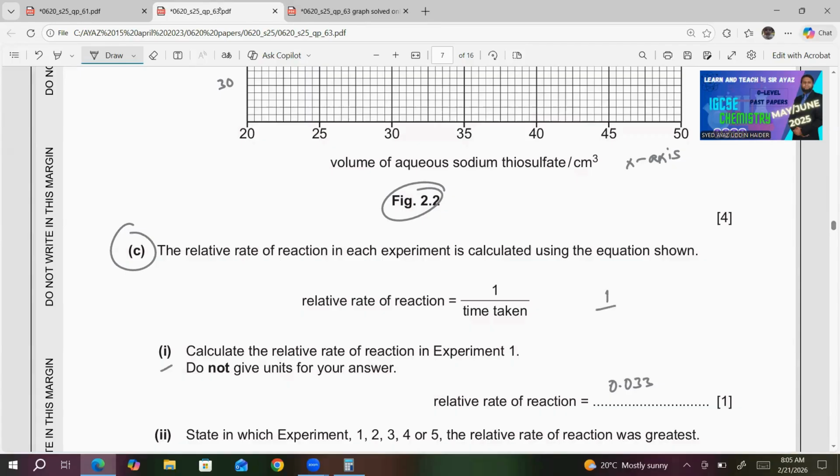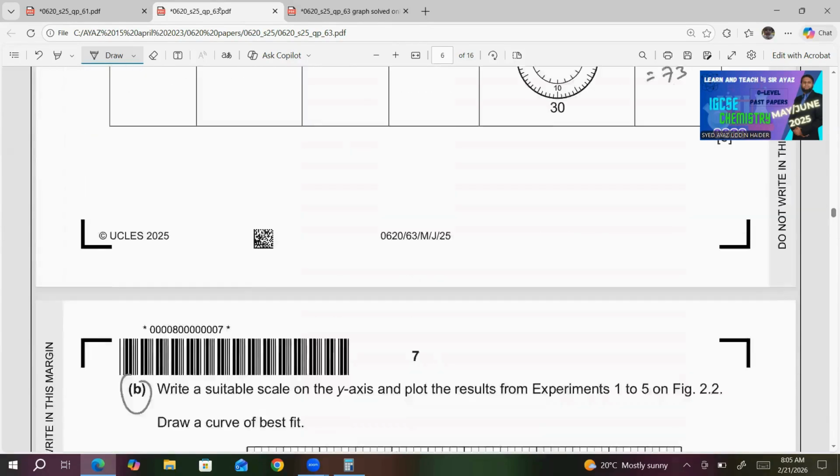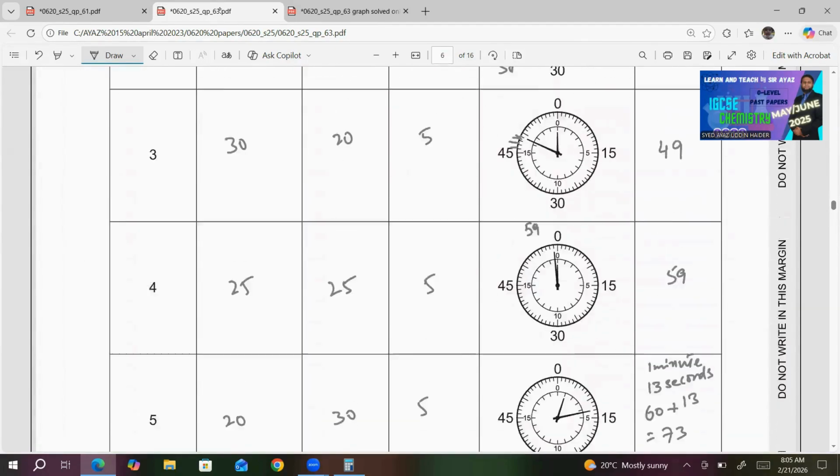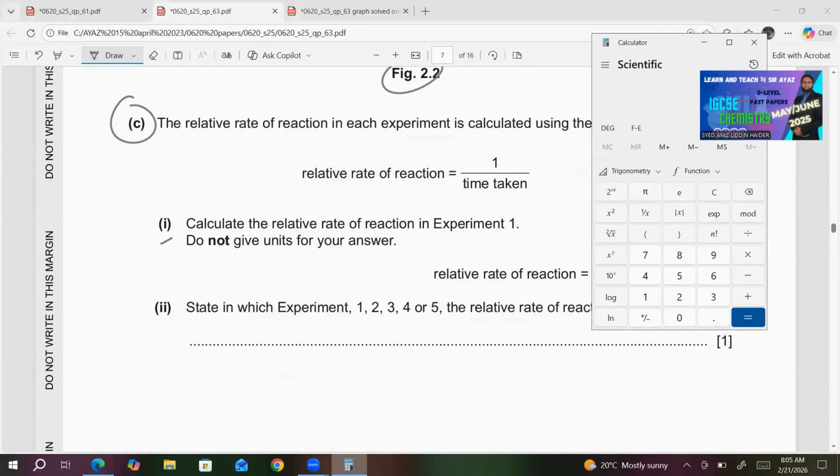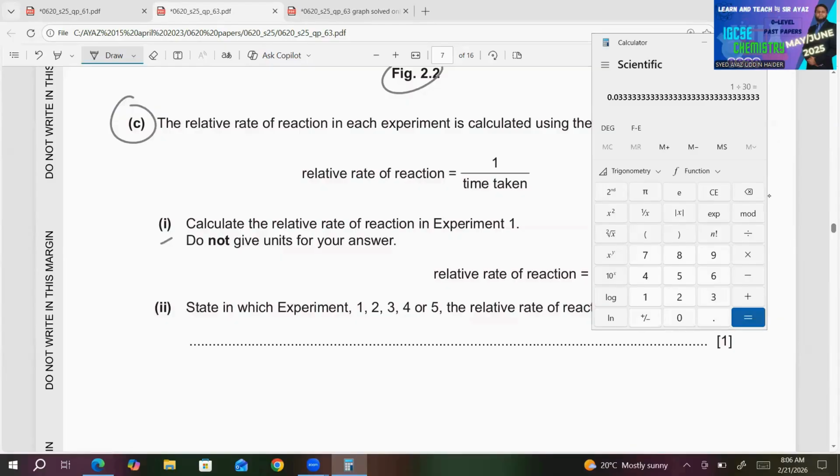So here, the time taken is, you can see, it's 30. So 1 divided by 30, 0.033.